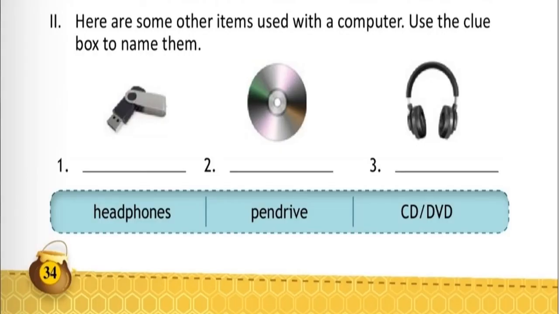Here are some other items used with a computer. Use the clue box to name them. Can you identify them? Yes. First picture is pen drive. P E N D R I V E, pen drive.